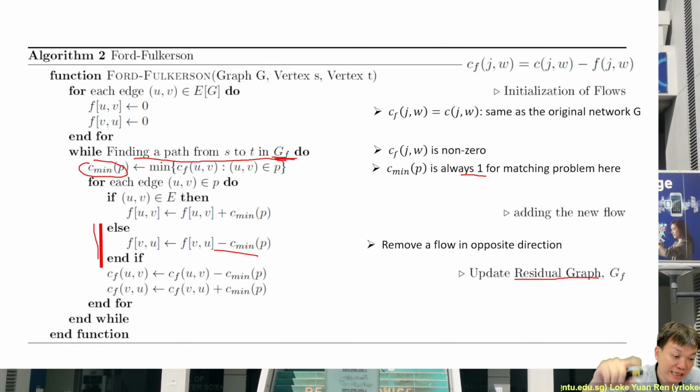Of course, I need to let you know this particular algorithm can solve a more general network problem, which means that each edge may have a weight. It can solve weighted directed graphs. But here my problem is only a matching problem. It's relatively simple. My weight is only 1.